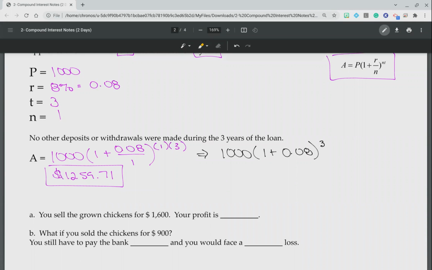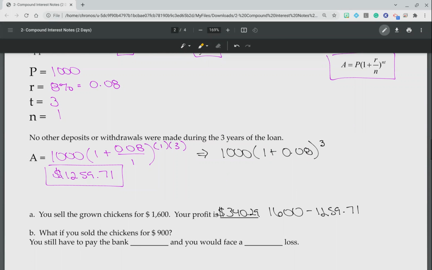So if you're selling the chickens for $1,600, all you have to do is subtract the amount that you're having to pay for those chickens, and then all the money that you're making after that is profit, right? After you pay off the loan, the extra money is your profit. So in this case, it's going to be $340.29.